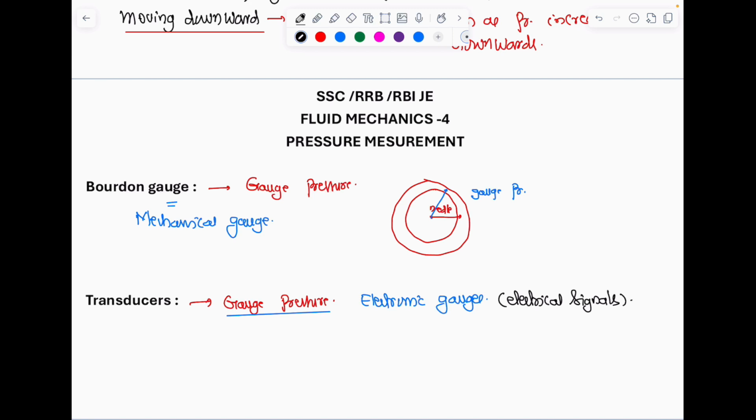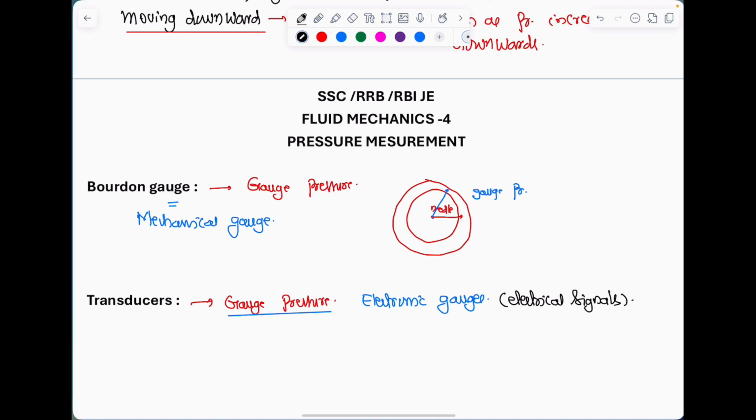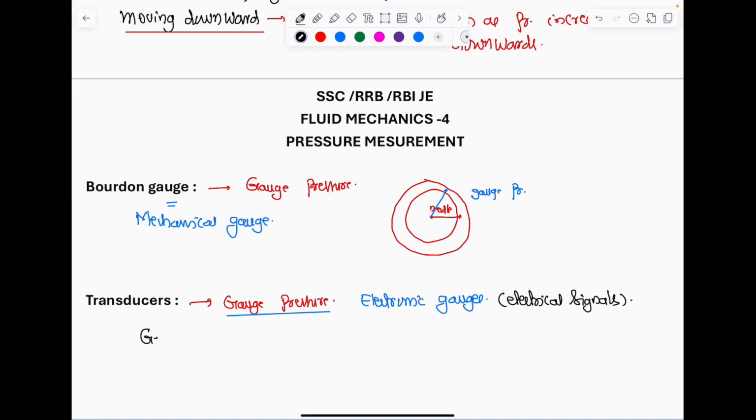These transducers can be, as I told you, gauge pressure transducers or absolute pressure transducers.